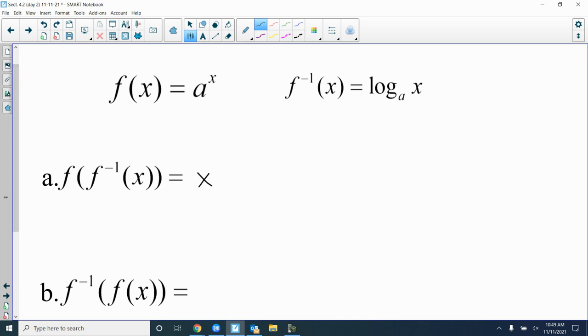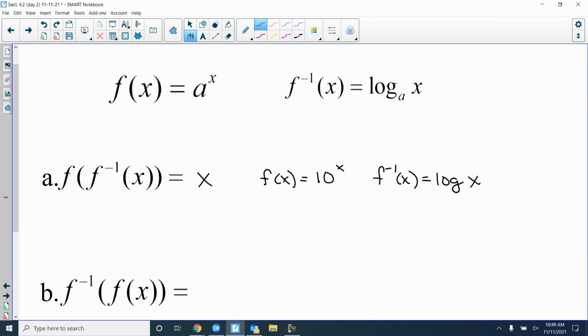Now there's going to be something a little bit different here. If you've got your calculators, keep those handy. Let's make this base 10. I just want to show something. So if f of x equals 10 to the x, the inverse equals log of x.